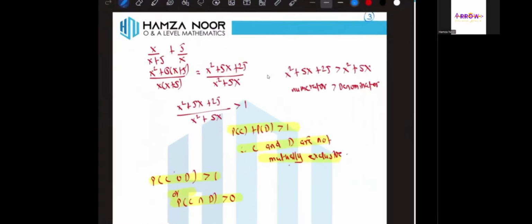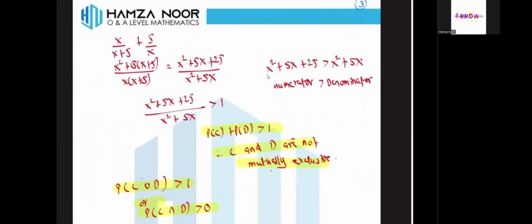And one more thing I would like to mention: when we say that the probability of C plus probability of D is more than 1, and therefore we establish that the probability of C union D is more than 1, either you can write this, or you can say that the probability of C intersection D is more than 0, and therefore C and D are not mutually exclusive.